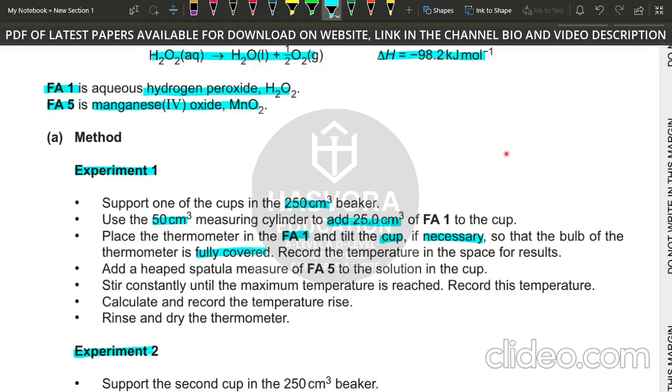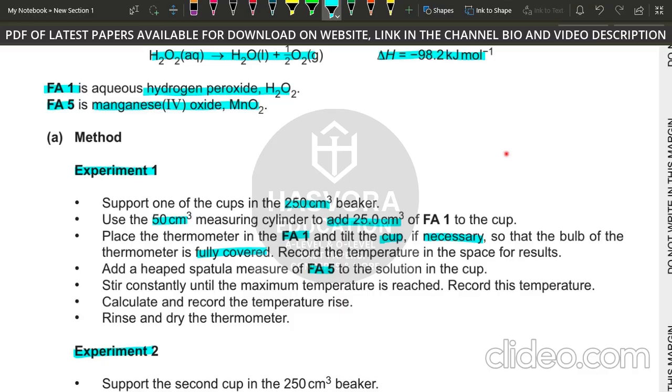So first you will add the 25 cm³ of FA1. You know that FA1 is the hydrogen peroxide, it will decompose. But why are we adding FA5? Because it is a catalyst and it will speed up the process, because if you try to wait for it, it is not going to happen like that. So first of all, you add 25 cm³ of FA1, the hydrogen peroxide.